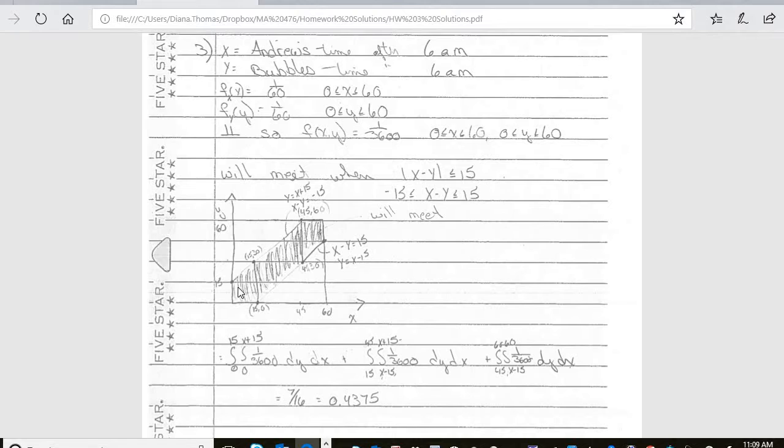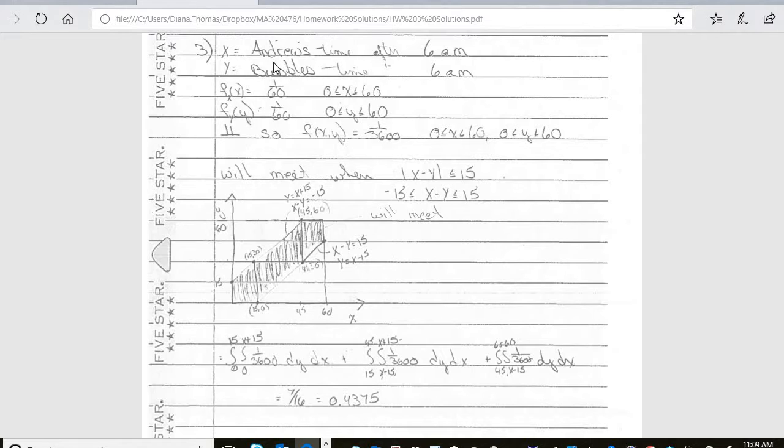Number 3, if you drew the picture, and apparently there was a similar problem on Stack Exchange, you kind of got almost there. But you're calculating the area of the shaded region. Once you draw this picture, you can see what she did is she drew the upper limit of their wait time and their lower limit of their wait time.